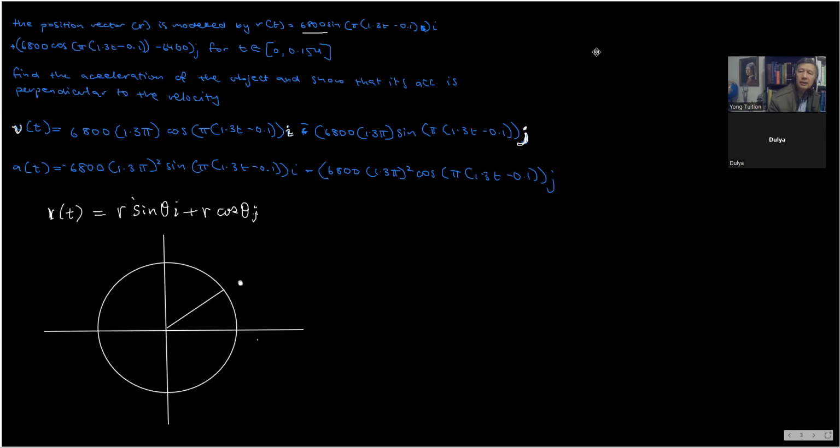Sometimes the graph will help you. So this is X and Y. And in this case, this is R, so this is our R vector. And the velocity should be, because you have to be careful, this is our theta.